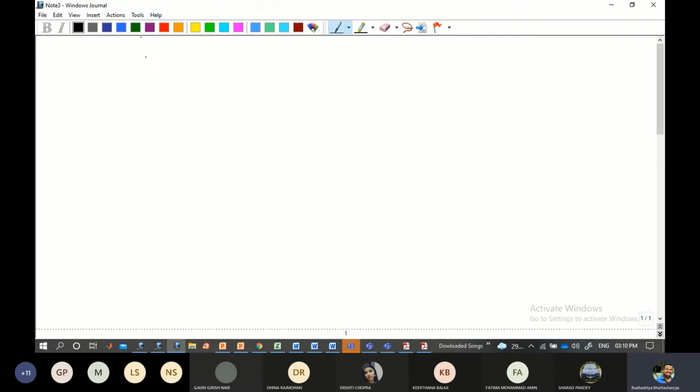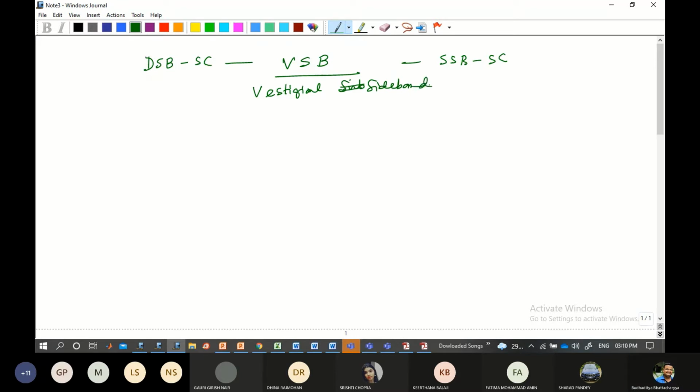So what I mean is that the technique that we are going to discuss, DSB-SC is somewhere over here, and SSB-SC is somewhere over here. So in between there is something in the middle, and that is called the vestigial sideband. So this is called vestigial sideband transmission.